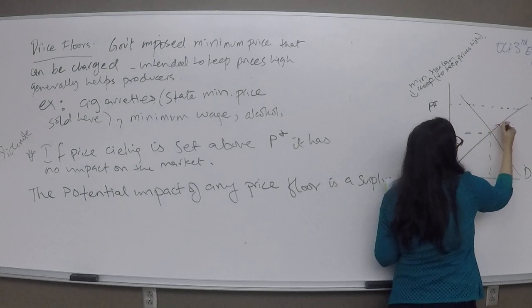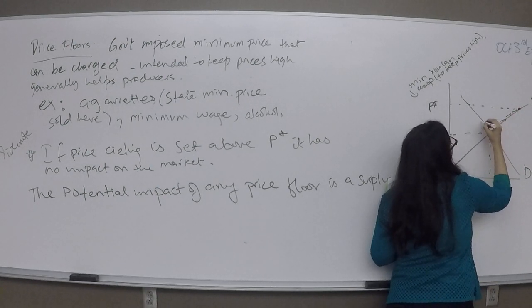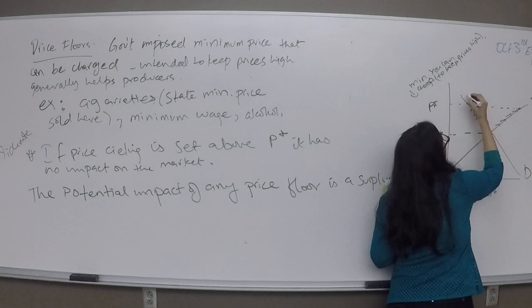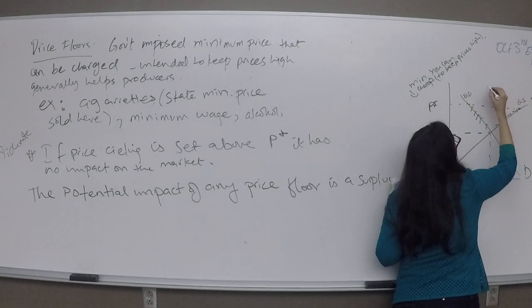At this price level, supply will always be very high, and quantity demand will be low, so there is a surplus.